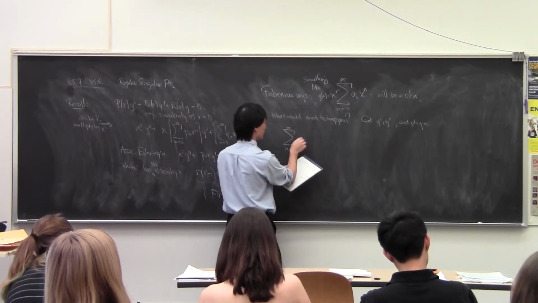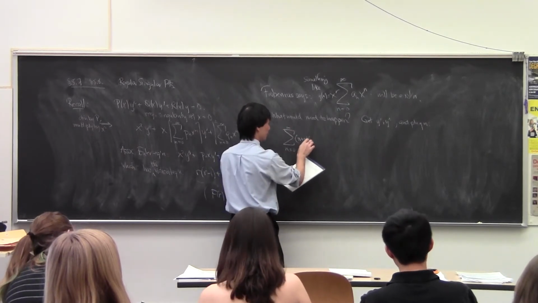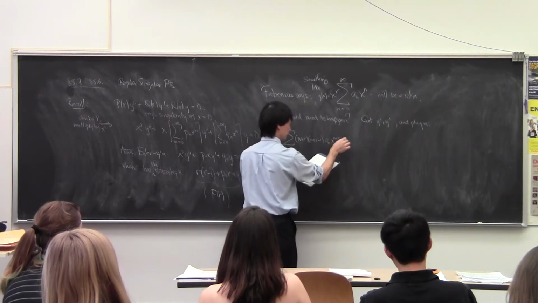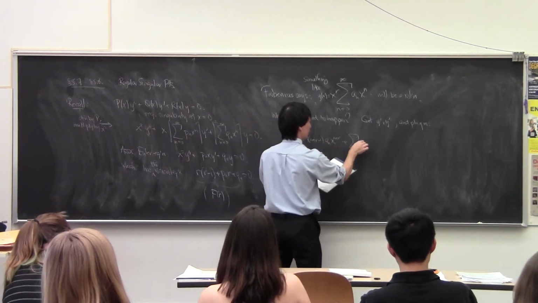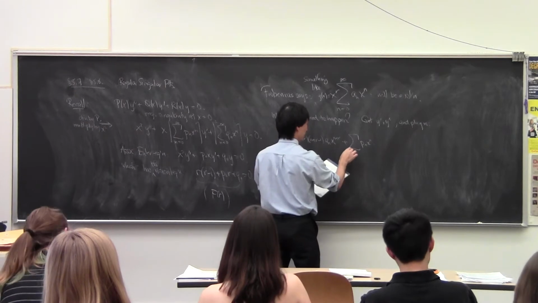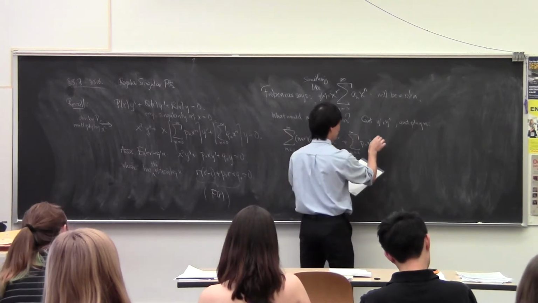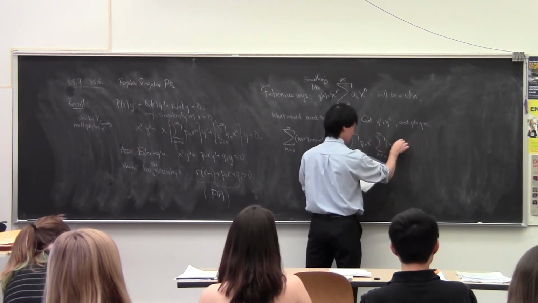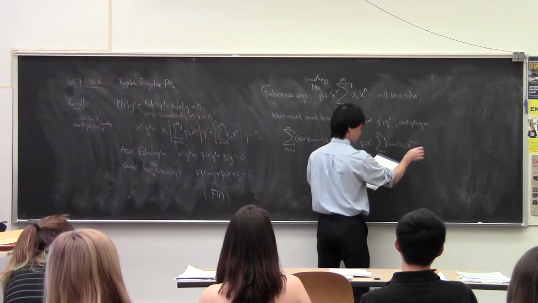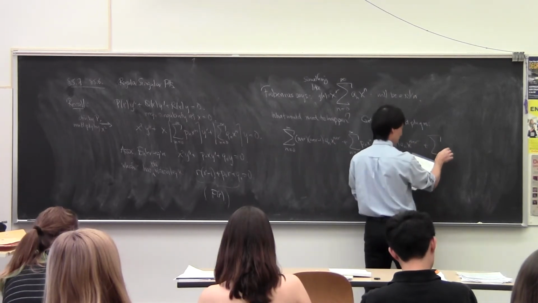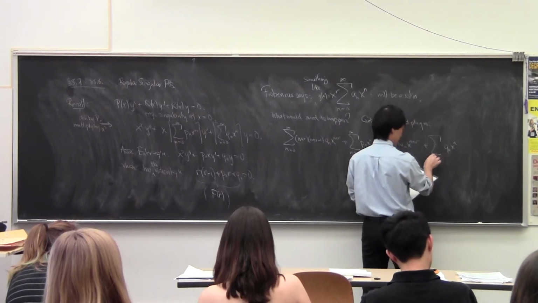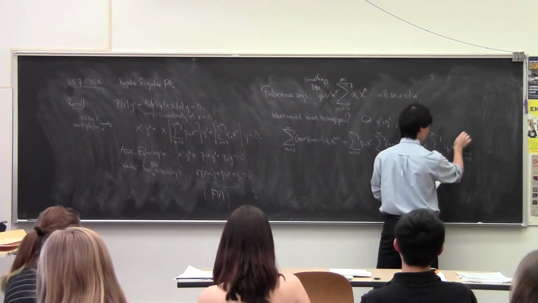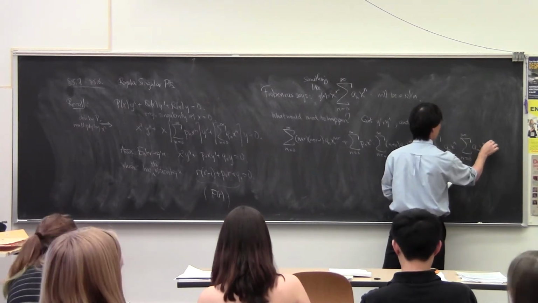You get the sum of n plus r times n plus r minus 1, a sub n, x to the n plus r, plus the sum of p sub n x to the n, from 0 to infinity, times the sum of n plus r, a sub n, x to the n plus r, plus the sum of q sub n x to the n, from 0 to infinity, times the sum of a sub n x to the n plus r.